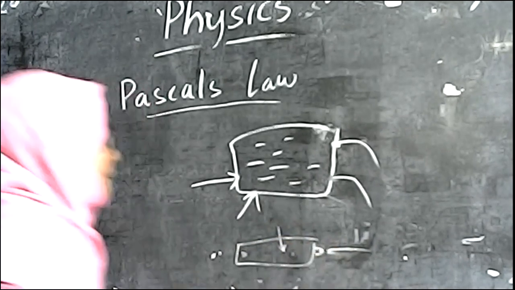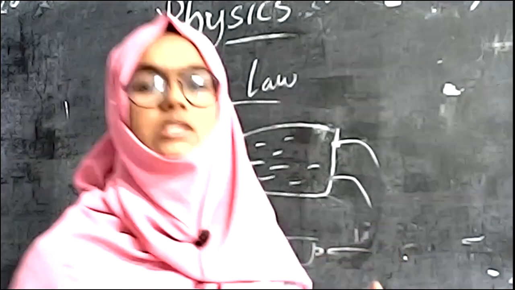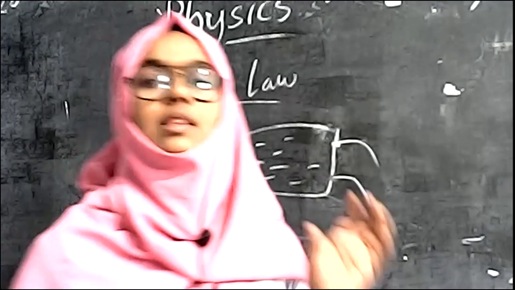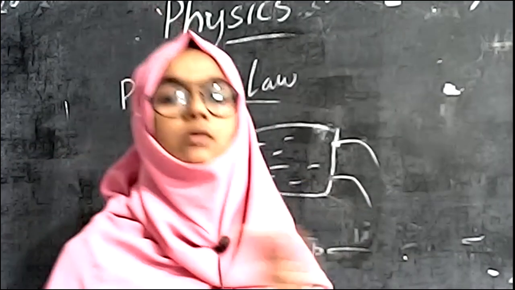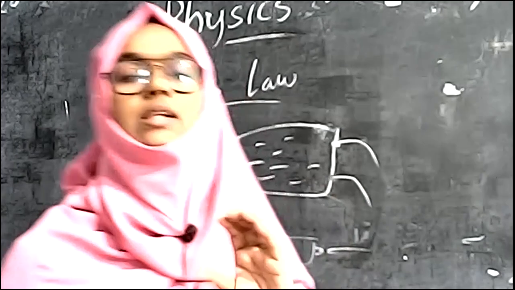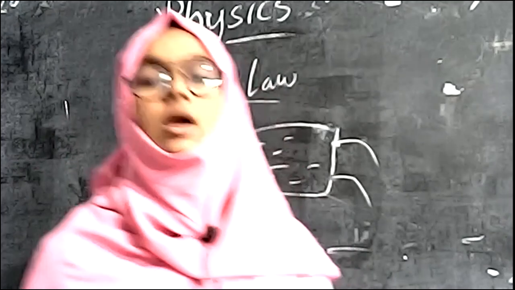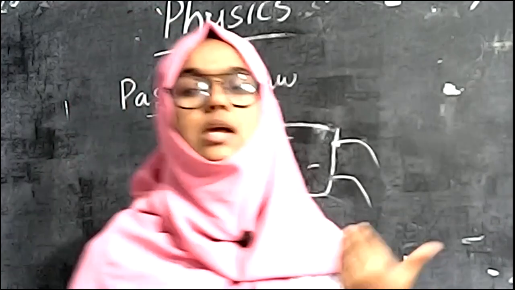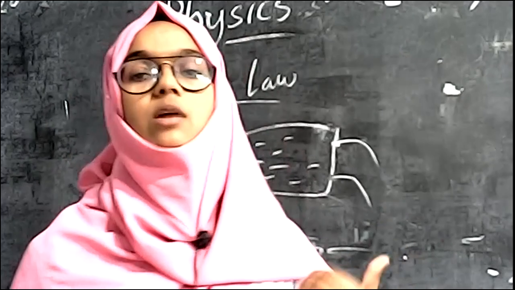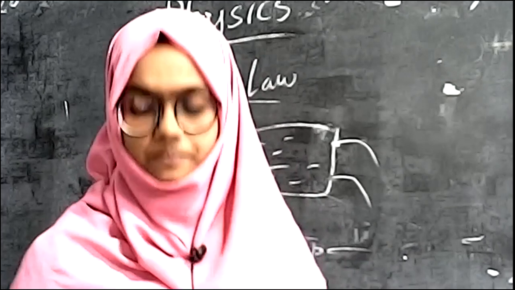That is, if we apply pressure anywhere in a closed system containing a liquid, that pressure is experienced equally all over the liquid. That is Pascal's law. Blaise Pascal was the scientist who first stated this law, so we know it as Pascal's law.